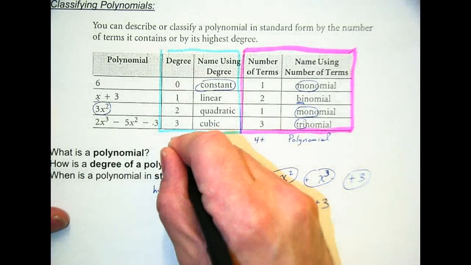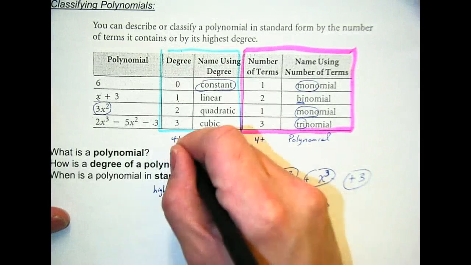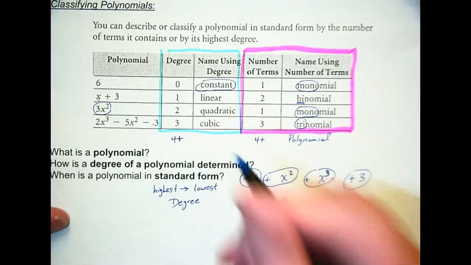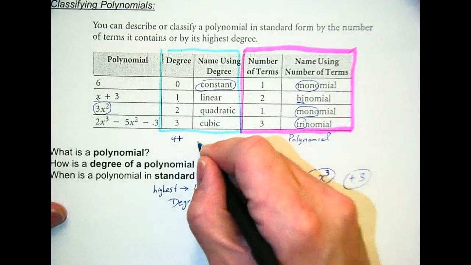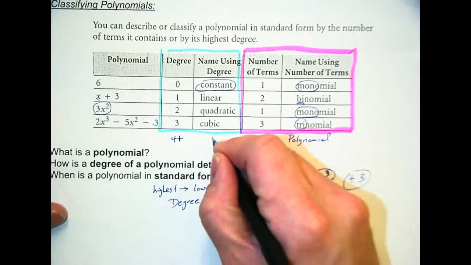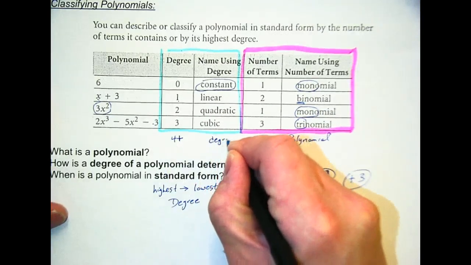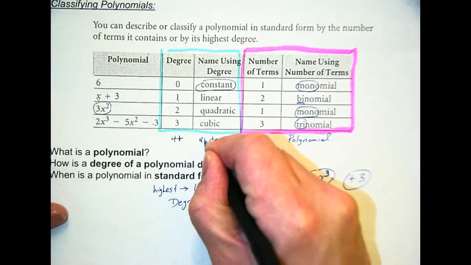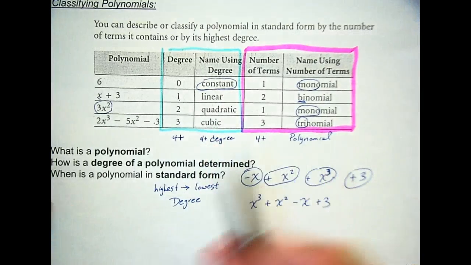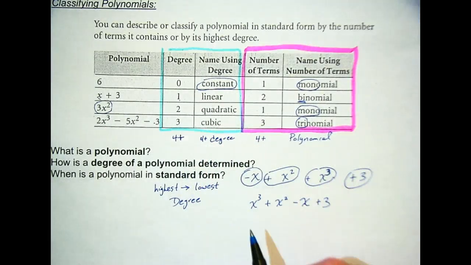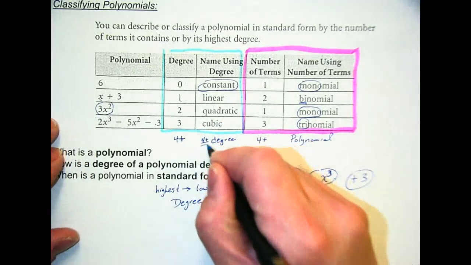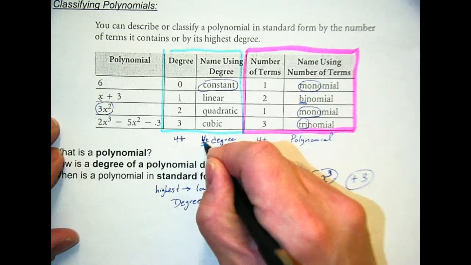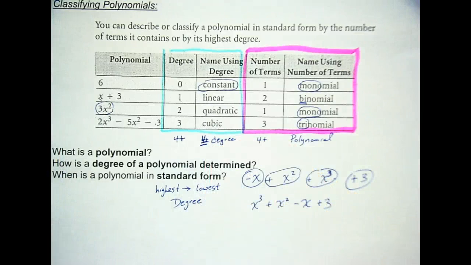Any degree over 3, so 4 or higher, we're just going to call whatever that degree is. So in this case, we would call it a 4th degree. If it was 5th power, we call it a 5th degree. If it was 6th power, we call it 6th degree. We just keep changing that term. We're not going to use any special names from there.